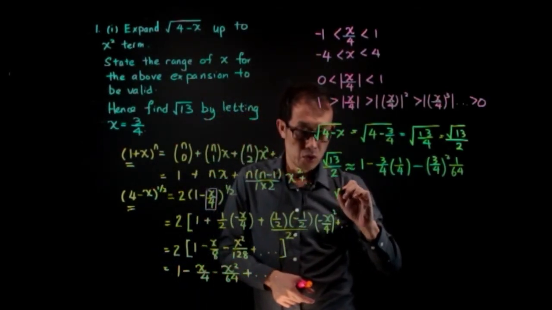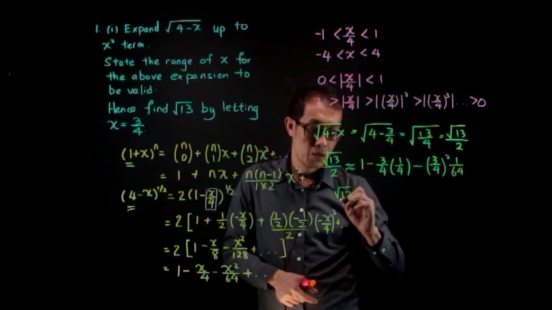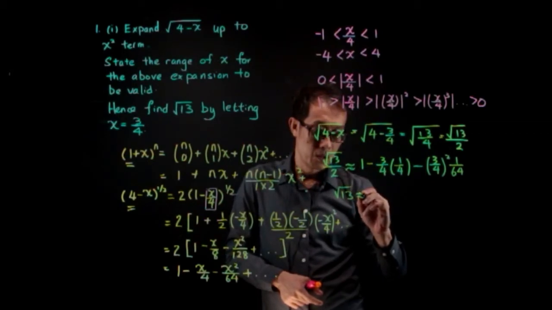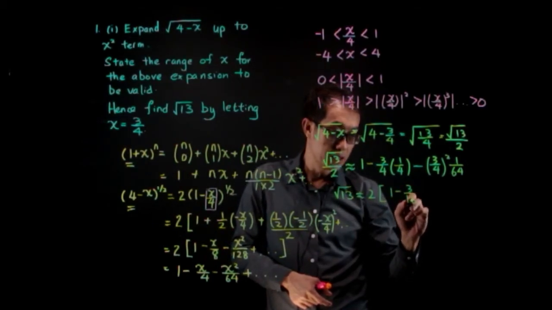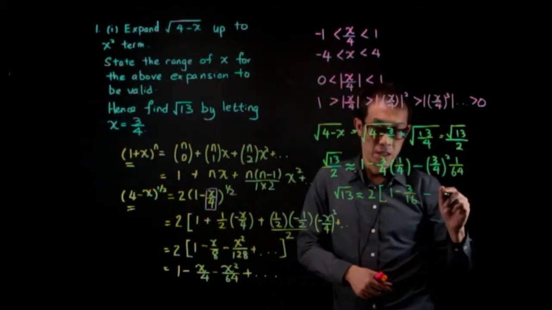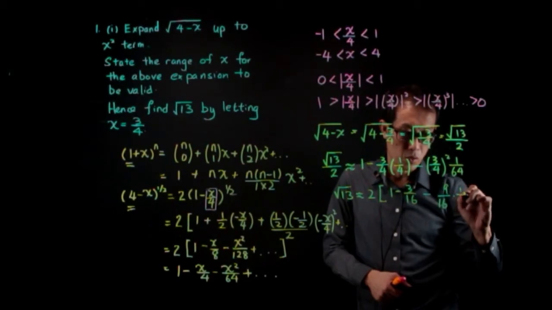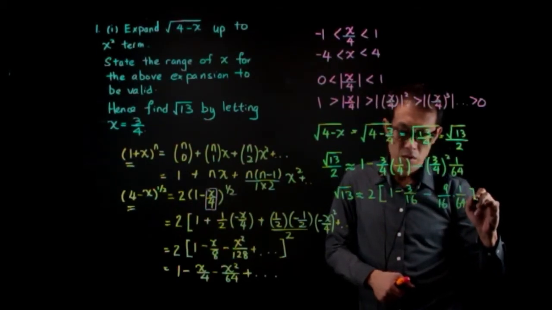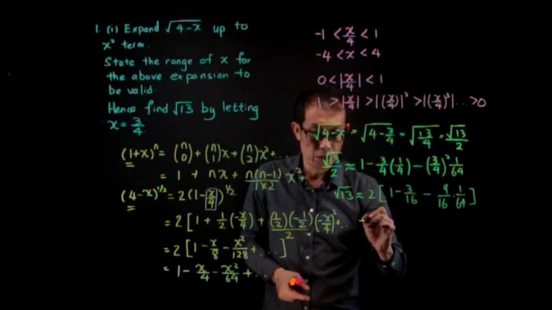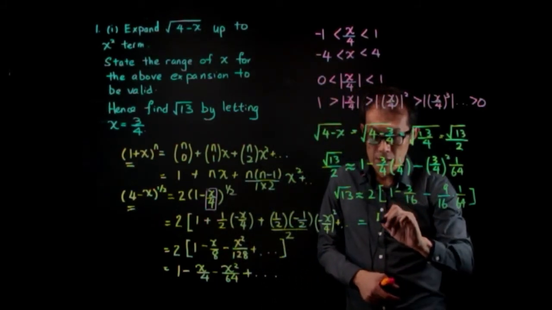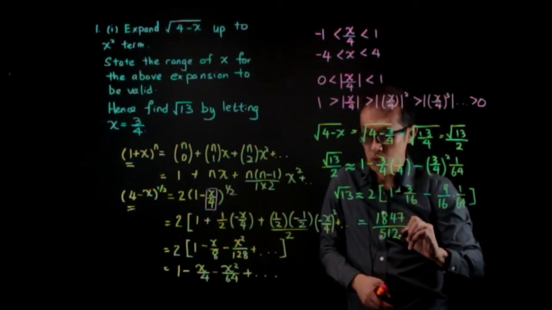So root 13 will be equal to 2 into 1 minus 3 over 16 minus 9 over 16 times 1 over 64. Now if you press the calculator, you should be able to get 1847 over 512.